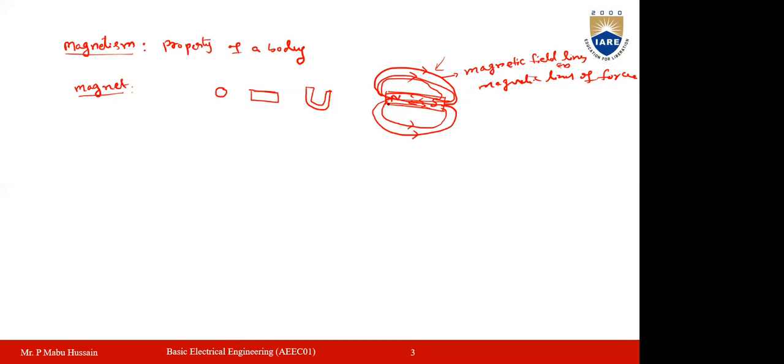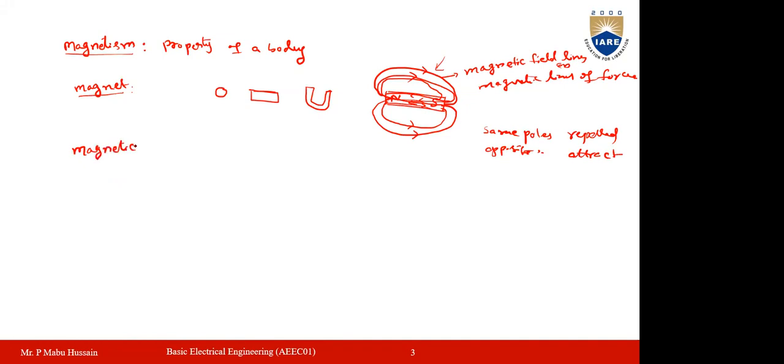As you know, same poles, north and north, will repel, and opposite poles will attract.